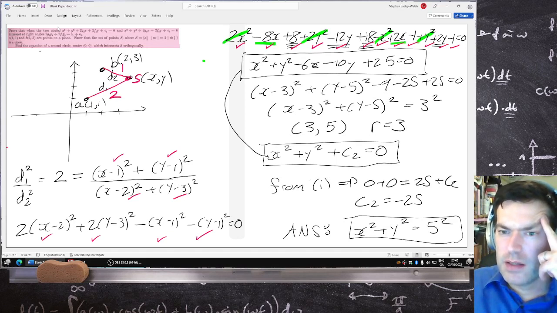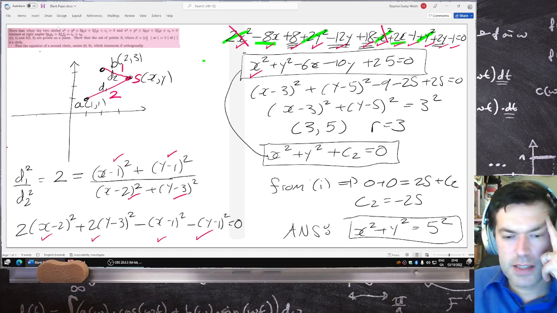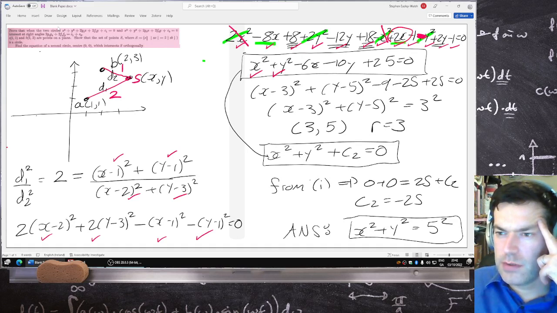Okay. 2x squared minus x squared is x squared. 2y squared, wait, I said plus y squared here. I should have said minus actually. That's one, but I had the correct one here, my plus y squared. x is now 2x minus 6x, and then minus 12y plus 2y is minus 10y. Yeah.